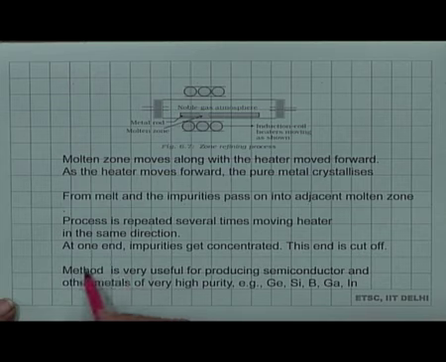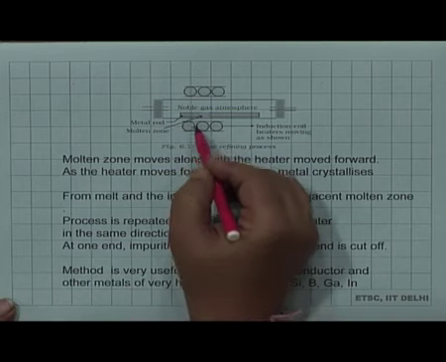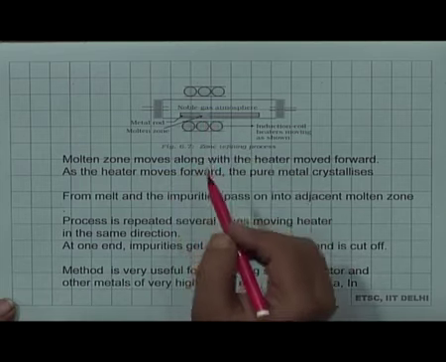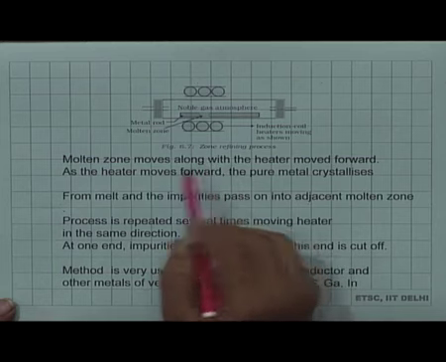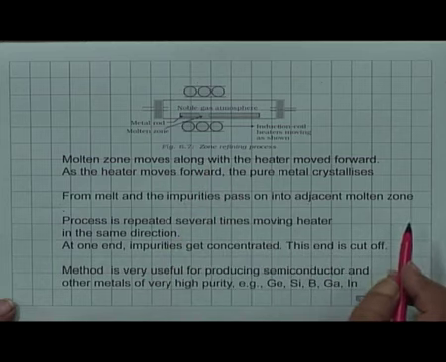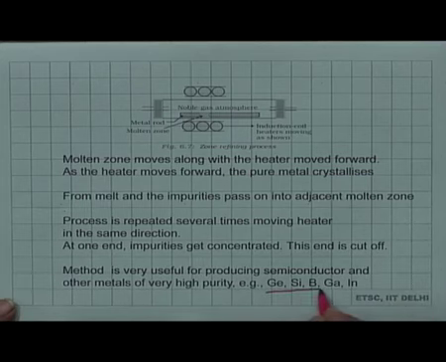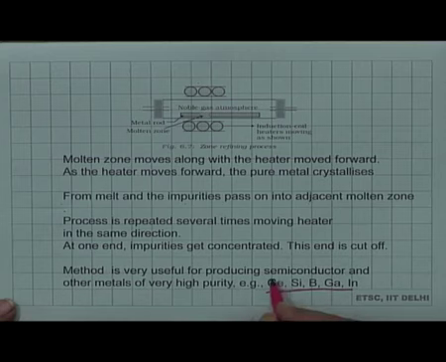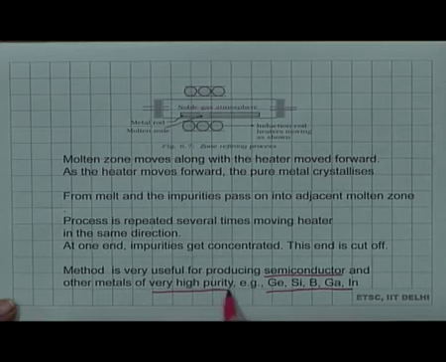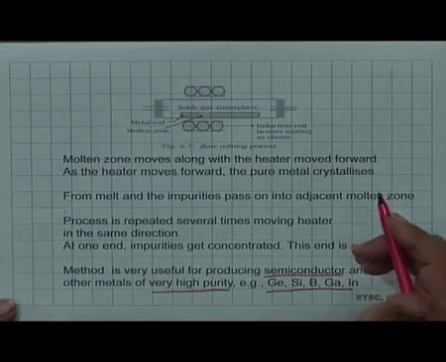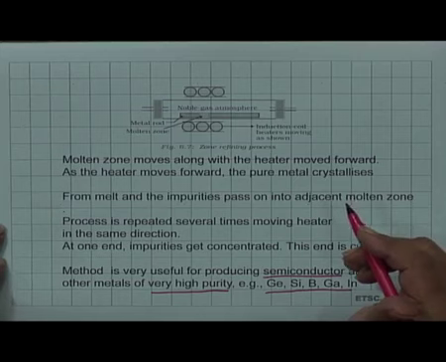We can then cut out the zone which has impurities and use the remaining purified metal. This method is useful for making high-purity semiconducting materials, for example, germanium, silicon, boron, gallium, indium.